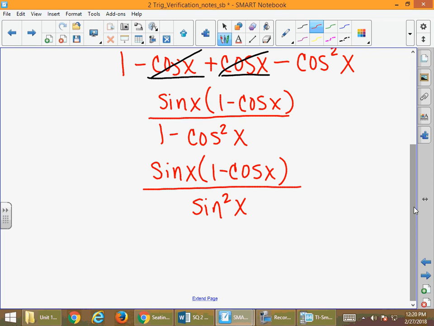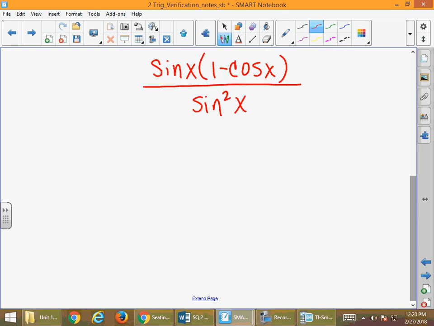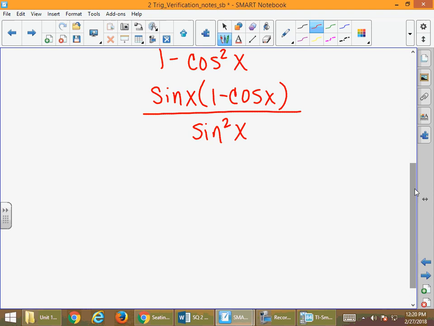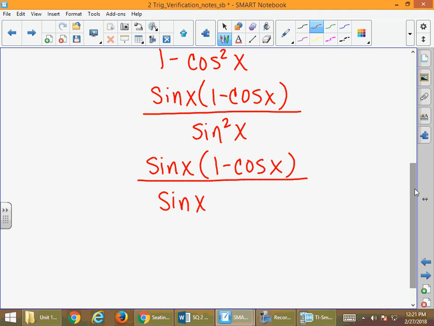So if we know our Pythagorean identities, these are better. If we rewrite this a little bit better, I find that for many people it's pretty helpful. Sine x times 1 minus cosine x. We still haven't done anything to the numerator. And remember that squared means times itself. So it's sine x times sine x.